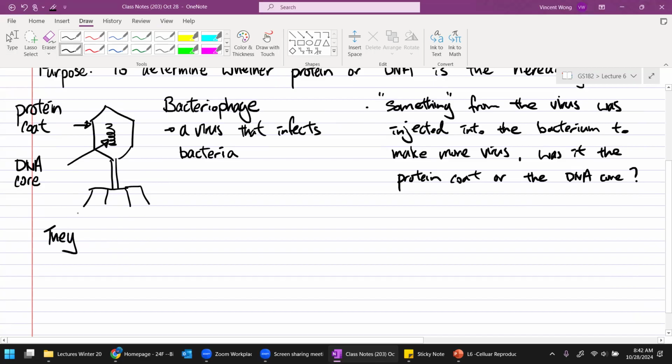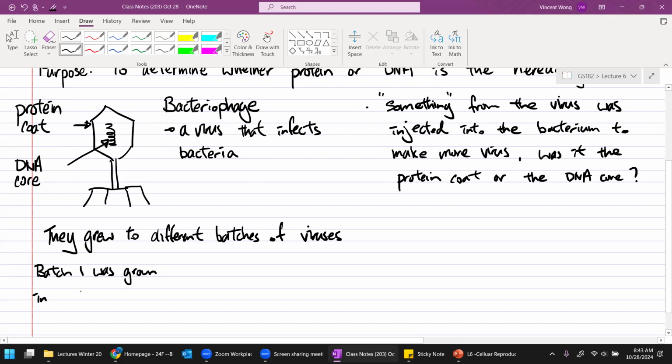So Hershey and Chase grew two different batches of viruses. So batch one was grown in sulfur 35.